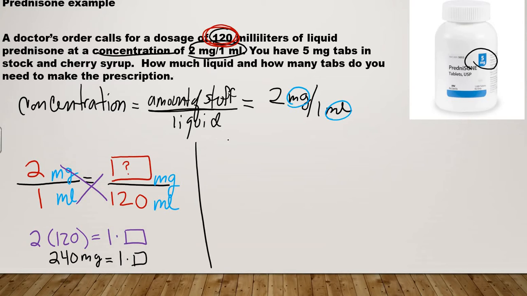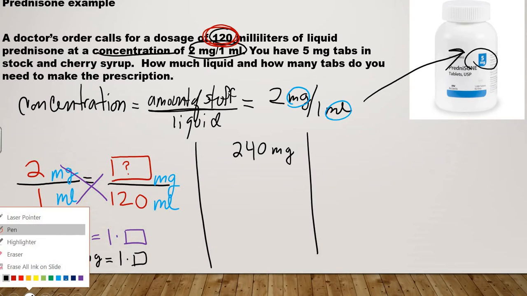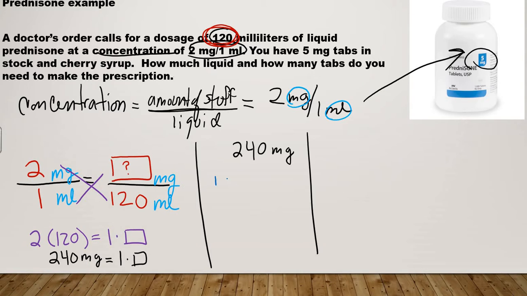So first off, we have discovered we need 240 milligrams of medication, but the dosage is not in liquid form. So for that amount of liquid, we need to figure out how many tabs we need. So we're going to do another proportion. For every 1 tab, you're going to get 5 milligrams of medication.